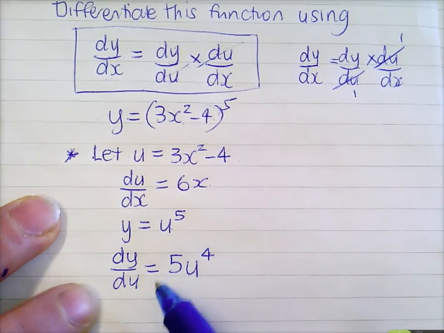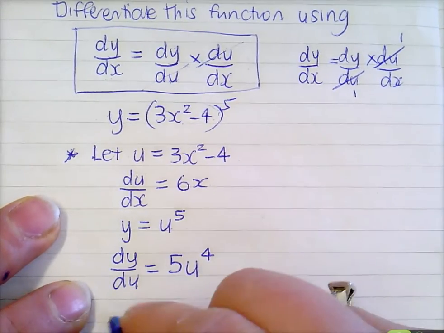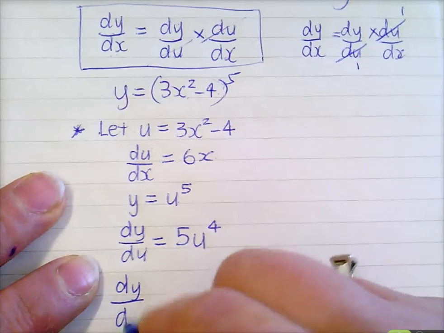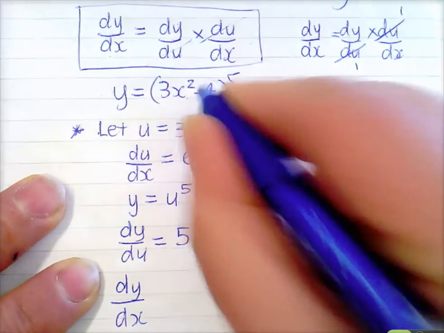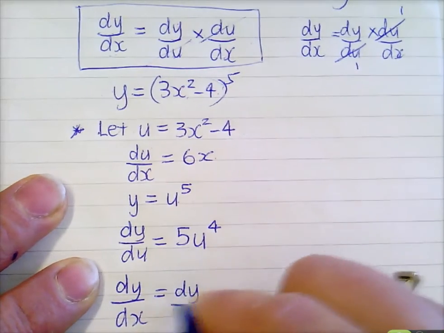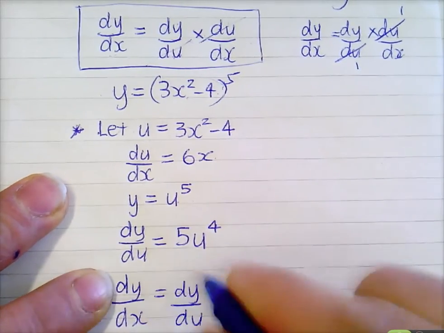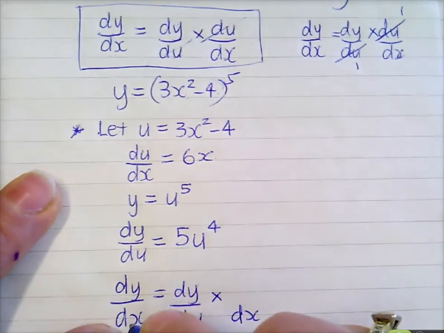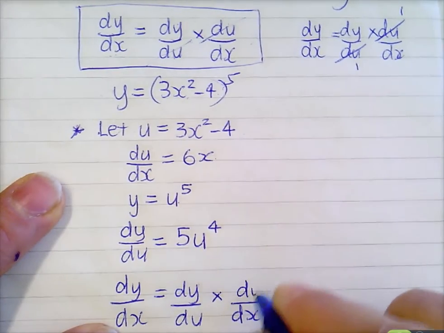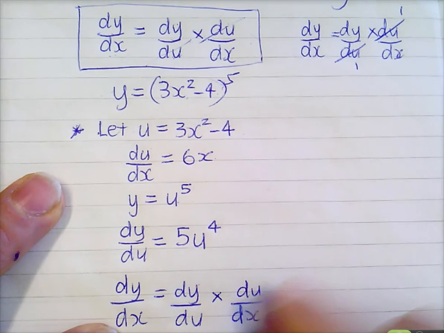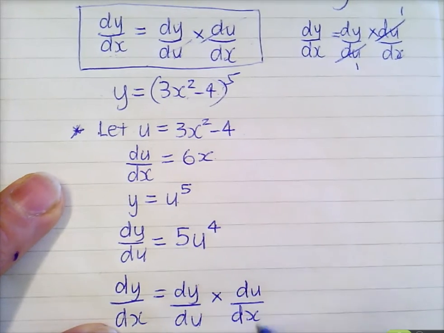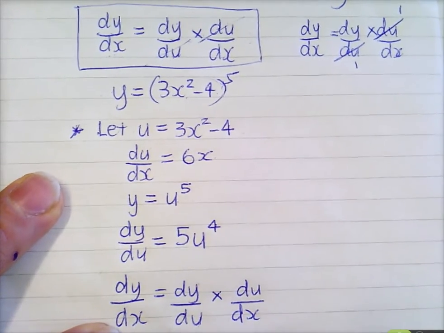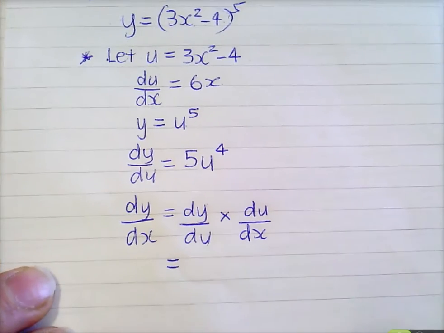So now I can do dy/du. Now I want dy/dx. So dy/dx will be dy/du, because the dy is on the top, and I need the dx on the bottom. And that du and this du will cancel. So it's dy/du times du/dx. Now what's dy/du? Now I don't like this method. Let's go.